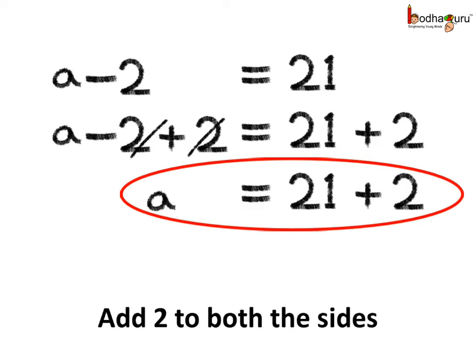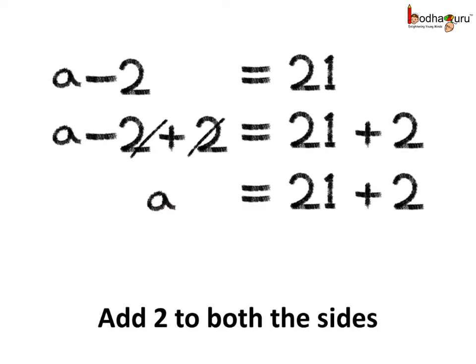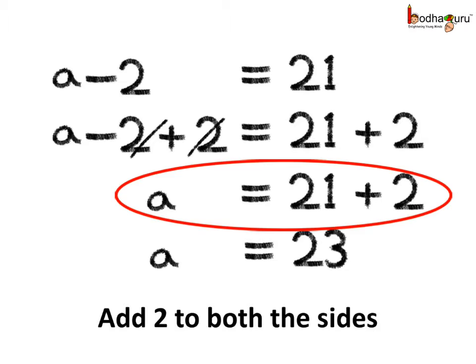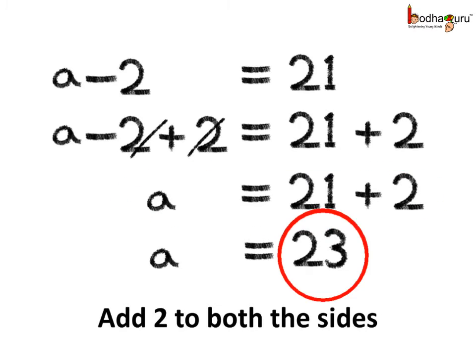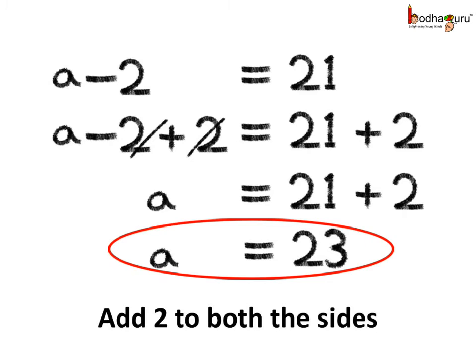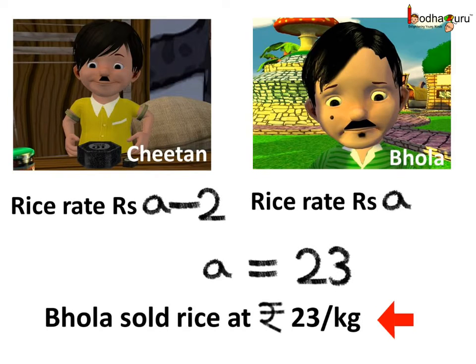Thus, A is equal to 21 plus 2, which is equal to 23. So here we solved the problem and we got the value A is equal to 23, which means Bhola sold the rice at rupees 23 per kg.